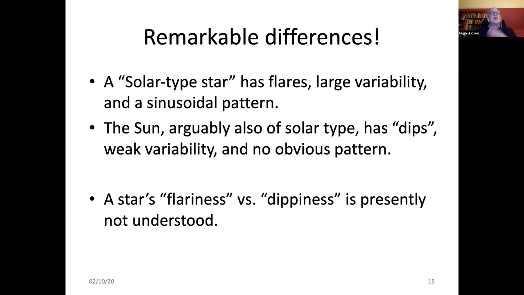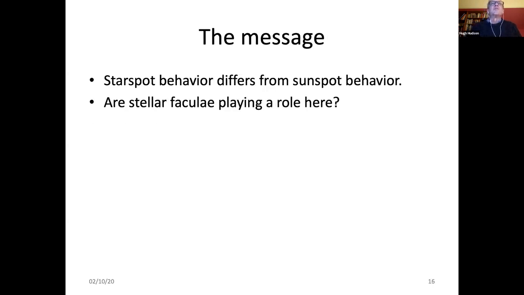This is what I regard as a cutting edge kind of topic. I'm not an expert on Betelgeuse, I'll talk about that later, but I am an expert on this, and I'll tell you that it's a puzzle. We don't know why rapidly rotating stars are much flarier, and slower rotating stars are much dippier. Okay, so this is just the story.